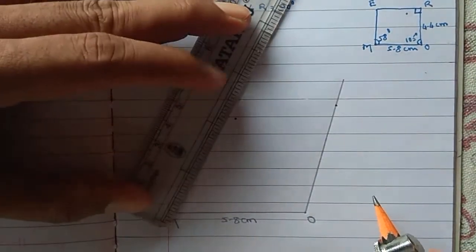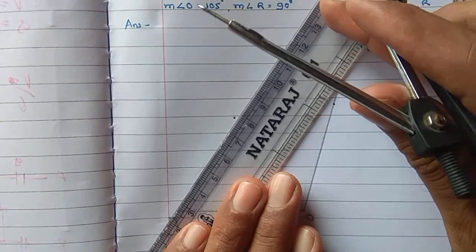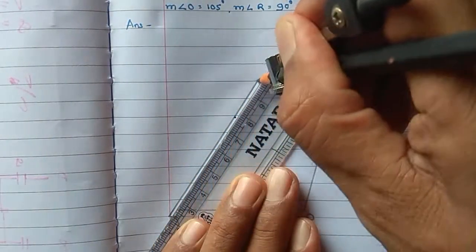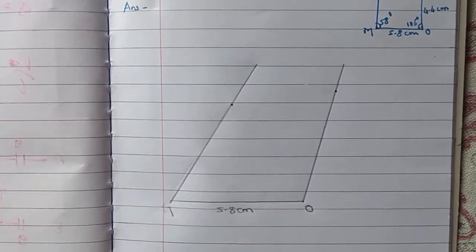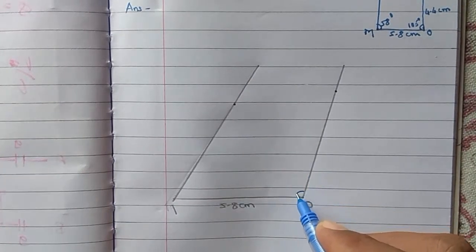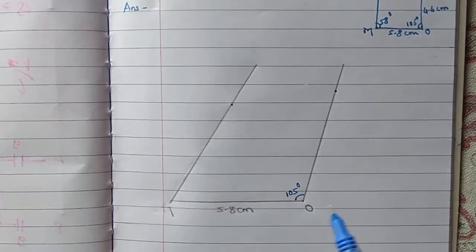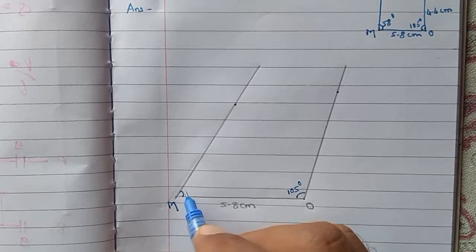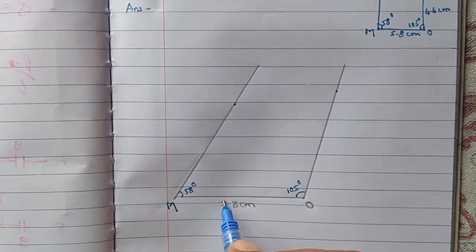This also segment we will draw. What is the measure of this angle O? 105 degree. Then measure of this angle M is 58 degree. This side is 5.8 centimeter.